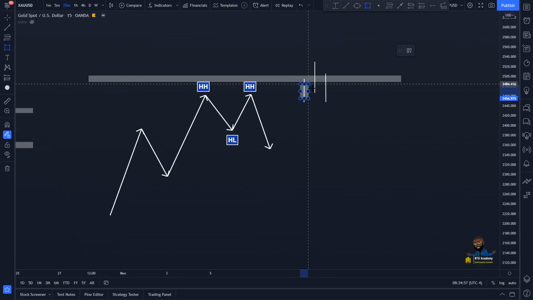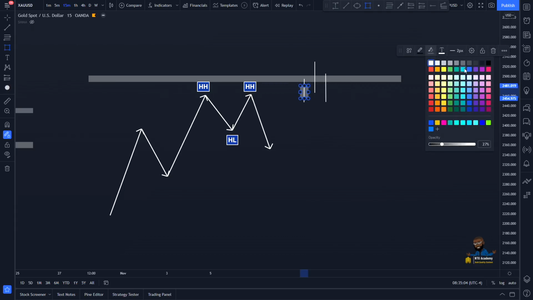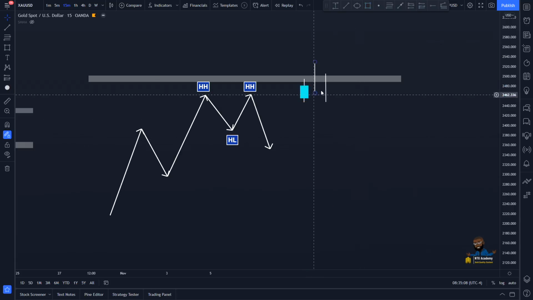This is the first one, right off of the zone. Boom, that's 1. Come around again, gives us that second. It gave us that push up. And then now we see signs of rejection here. That's 2.